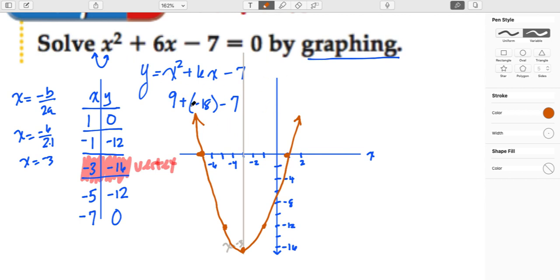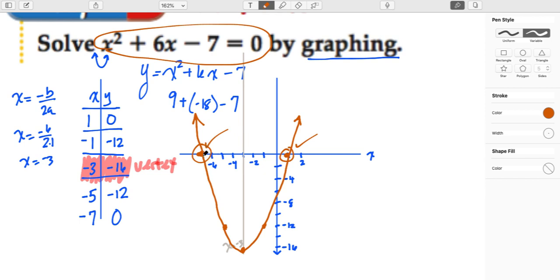We graphed the related quadratic function. We did all the things that we learned in the last section. And then what we need to look for is when y is equal to 0. When is y equal to 0? It's equal to 0 at the x-axis. And so what we see is that these two are the values that are the roots.